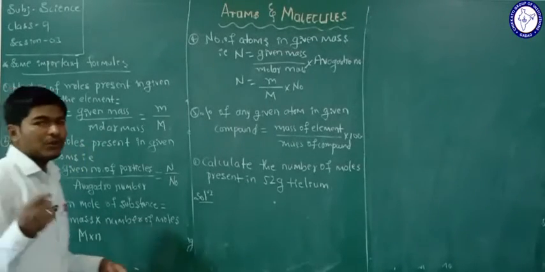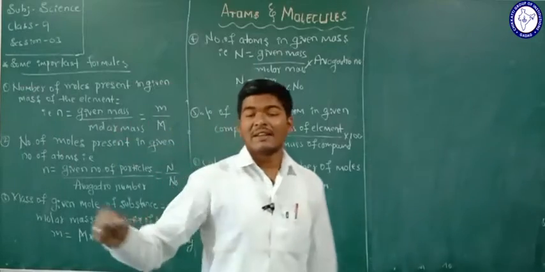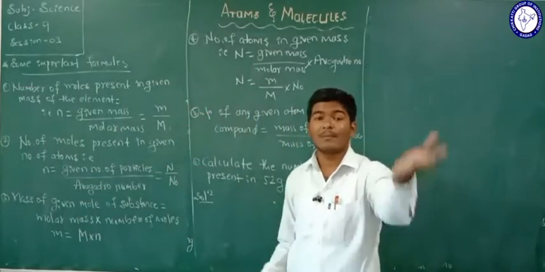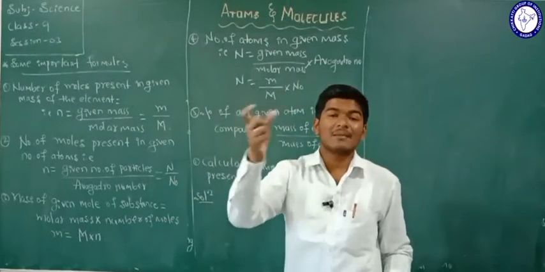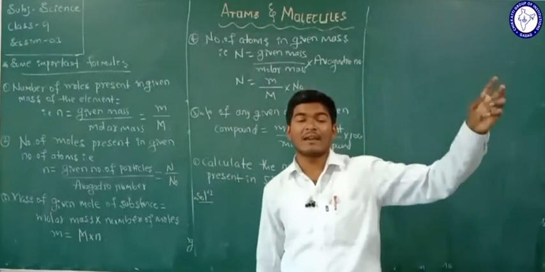In the first example they give the mass of the compound or the mass of the element, exactly the mass, like 56 grams.